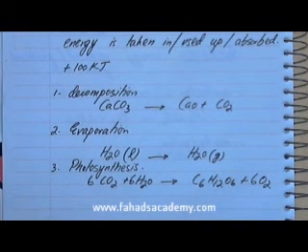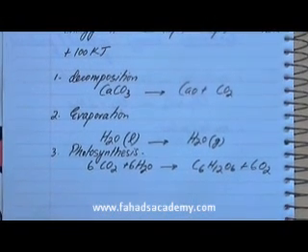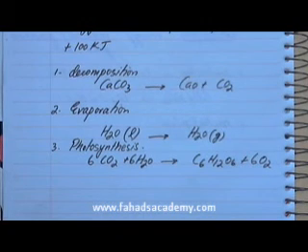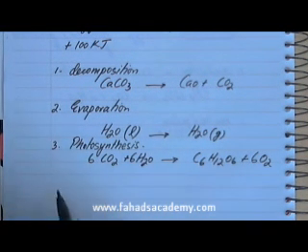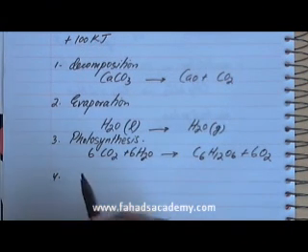So photosynthesis is another example of an endothermic reaction in which energy is absorbed, in the form of sunlight. There are many forms of energy, and there is electrical energy as well. So a fourth example is electrolysis.